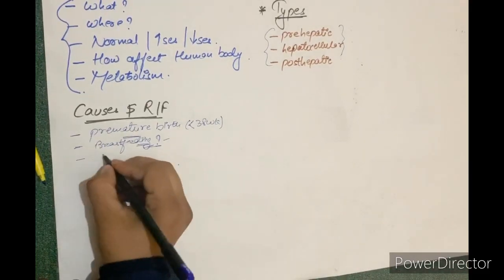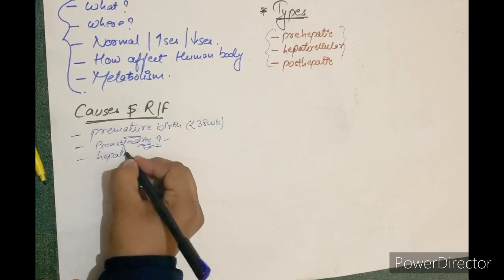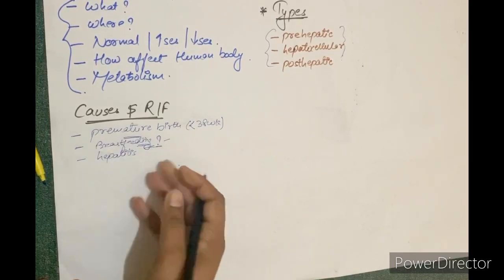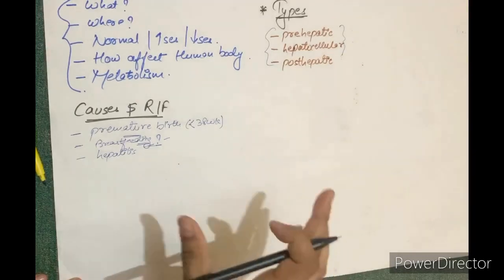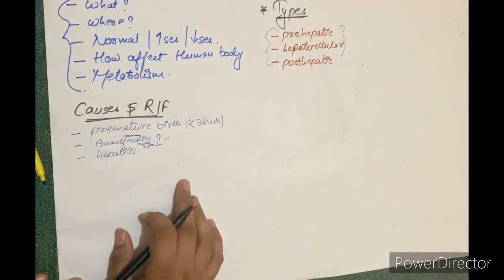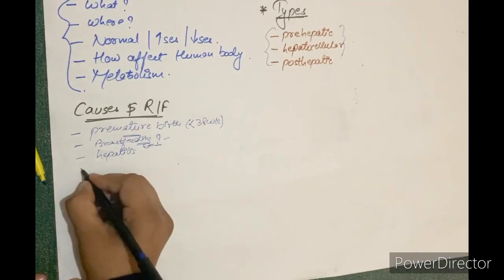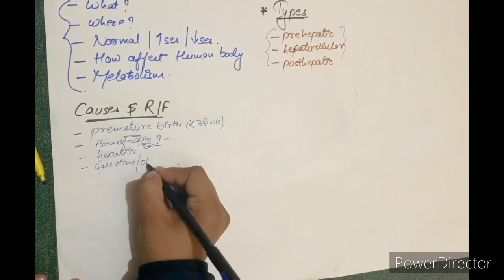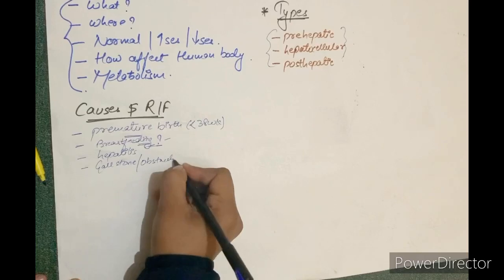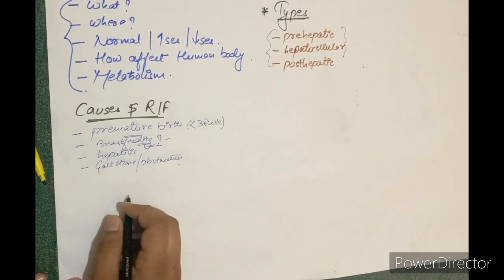Next is hepatitis. Hepatitis is also a cause of jaundice, because in this the cells of the liver are damaged. And next is gallstone or any obstruction in the cystic duct, bile duct or common bile duct.